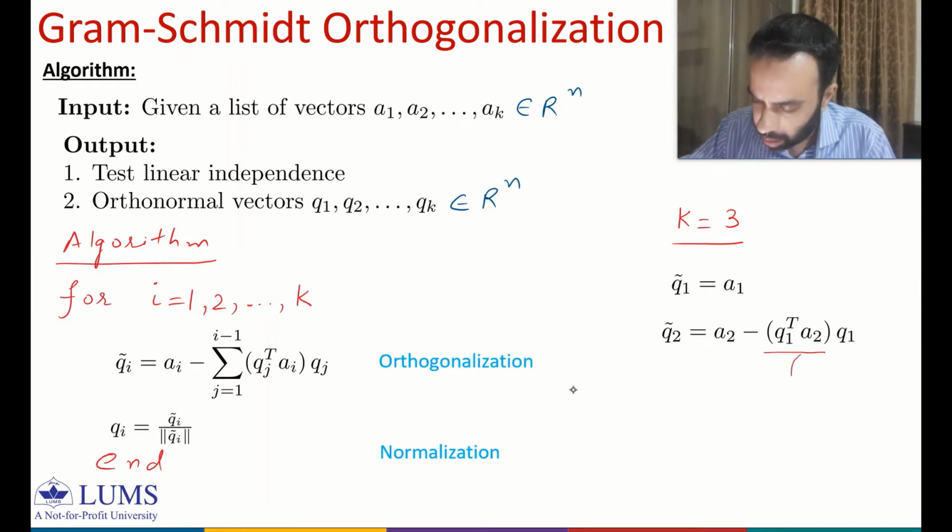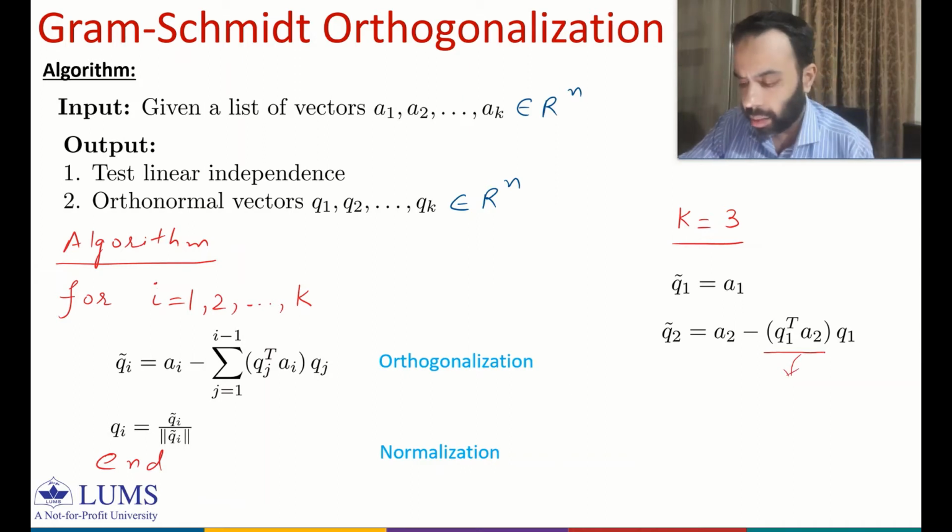So what is this term? This is the projection of vector a2 on q1. This will be a scalar because it's an inner product, and we scale q1 with this projection.